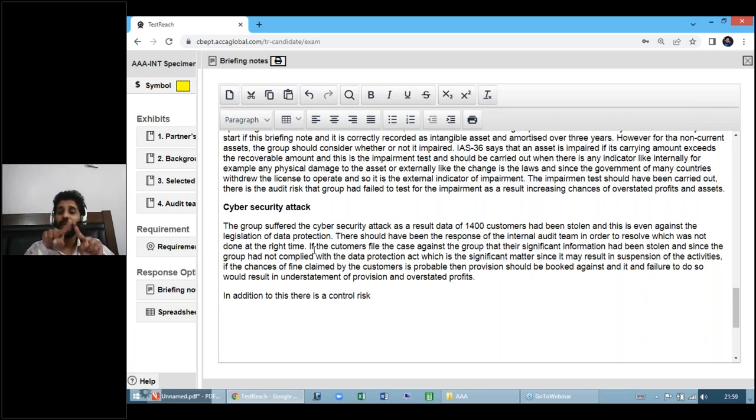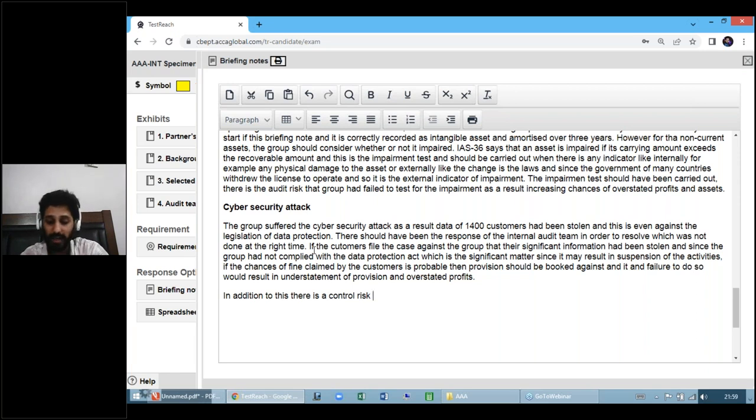And the control system in the website should have been designed in a manner that when the payment is taken from the customer, it is entered automatically in the accounting records: cash debit, deferred income credit, right? So when there is a control risk related to IT, it may be possible that their IT system is strongly linked with revenue recognition.